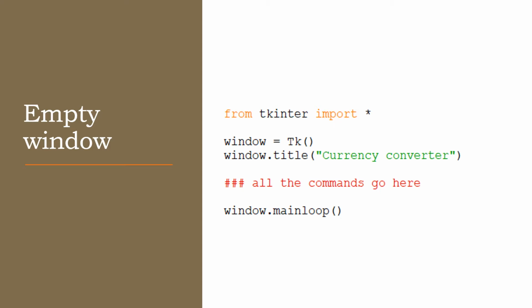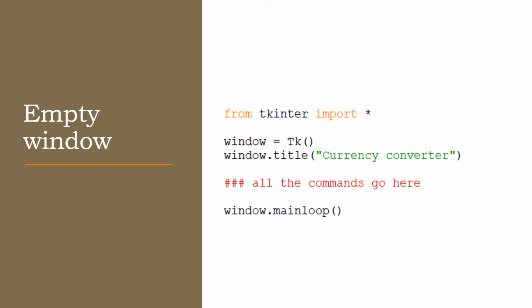And we're going to create a window, and you can see that a window is an instance of a class called TK, and it has the attribute of title. So we're going to give it the title currency converter, and it has one further method, which is main loop.